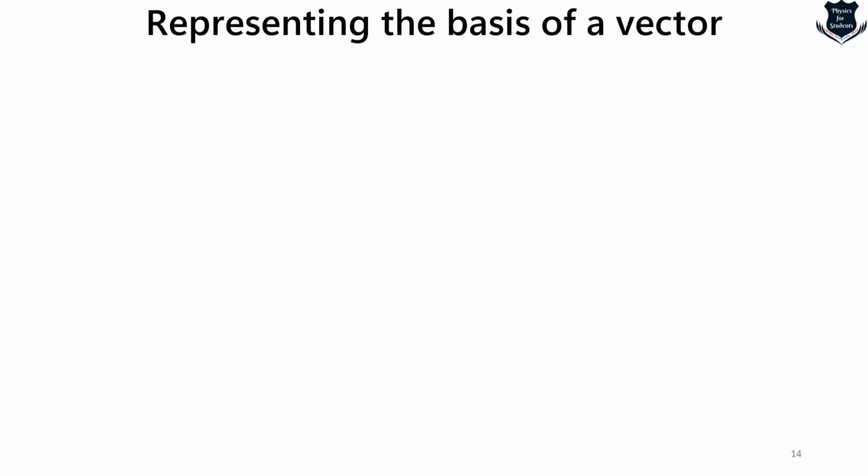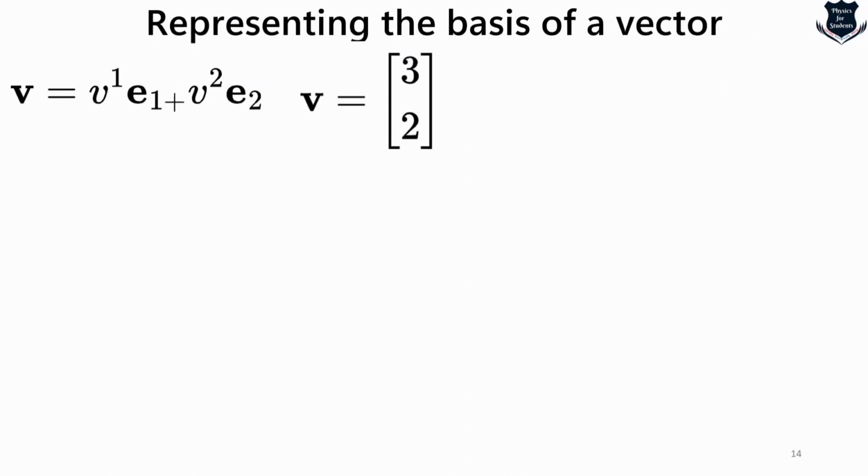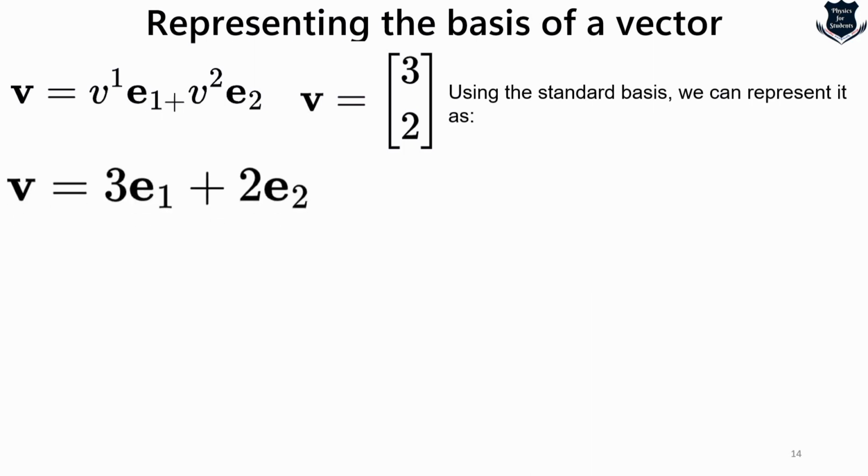Okay, let us see another example. Suppose that we represent V equals (3, 2) using the standard basis. How can we do it? Very simple. We can write V equals 3E1 plus 2E2, and in this representation V1 equals 3 and V2 equals 2. What does it mean?